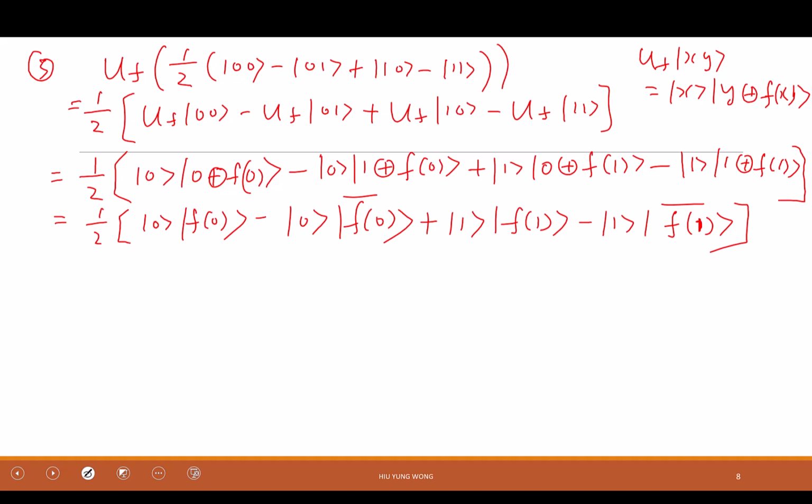Now, what I'm going to do is, I already told you the answer. We need to measure in the plus minus basis. But from here, we cannot see it, right? What we are going to do is, like I told you last time, measuring in the plus minus basis is the same as applying Hadamard gates and then measuring in the 0-1 basis. We don't want to measure in the plus minus basis directly.